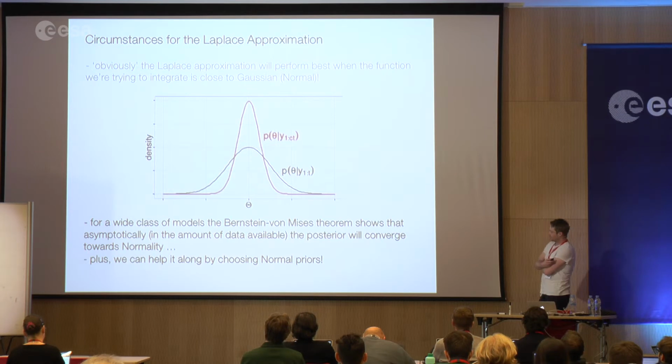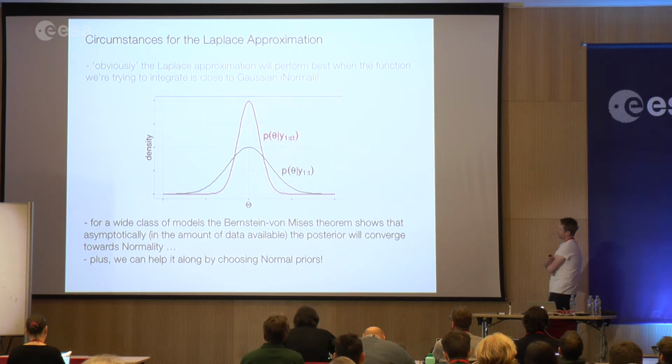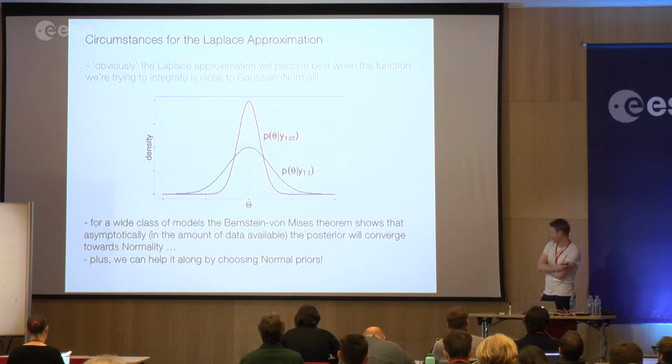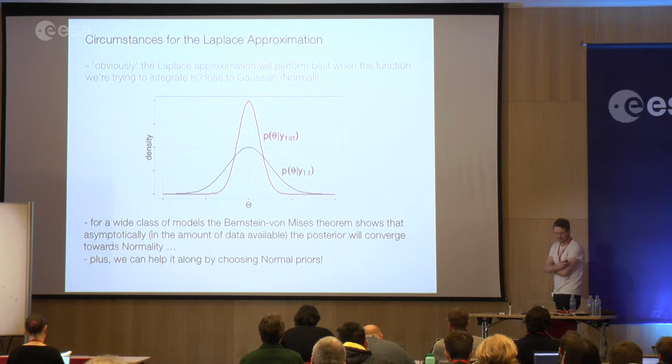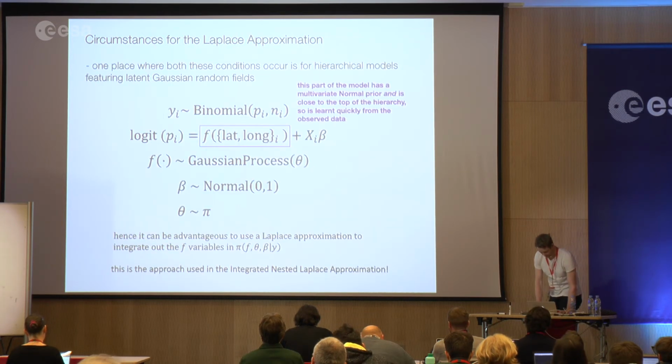So well-behaved models are going to be a good thing to look at for the Laplace approximation. And there's another way that we can help ourselves out, which is by choosing normal priors. If we put a normal prior on the parameters we're going to put a Laplace approximation on, then we already give ourselves a little bit of a nudge in the right direction for this to be a reasonable method of approximation.